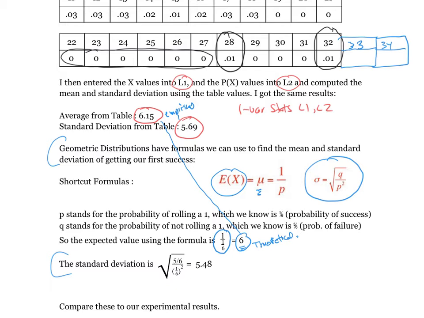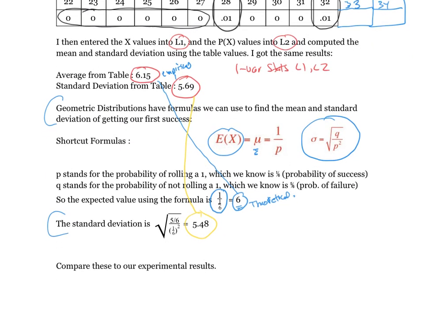Again, that would be the theoretical standard deviation. And we can compare that to what we got in our experiment, and we were very close, okay? So in just 100 trials, we were able to estimate our values very, very closely, okay? So that shows you the power of an empirical situation where if you actually try something, you can get pretty close to the actual probabilities, expected values, standard deviations, etc.